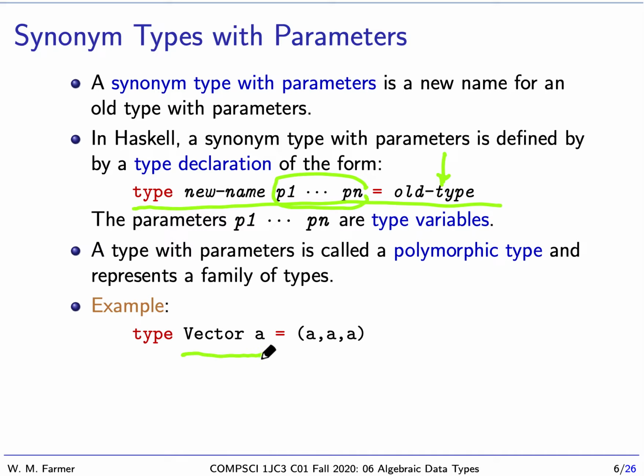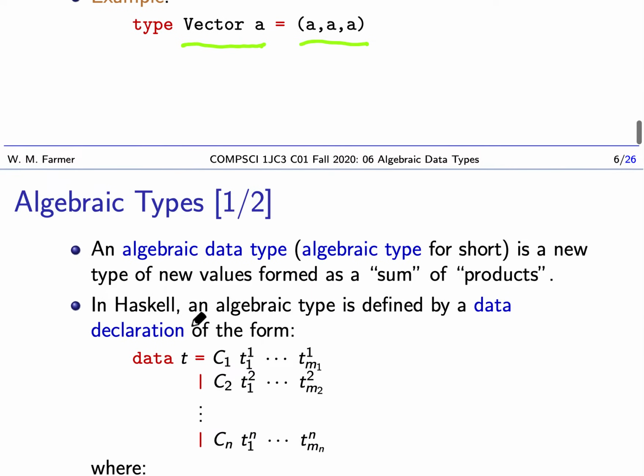When I use the parameterized name, Vector A, what that stands for is a triple of values of type A. And A here is a type variable. So this is very convenient. It says whenever I want to think of a triple of 3 values of the same type as a vector, I can use this type. Okay, so that's synonym types with parameters.